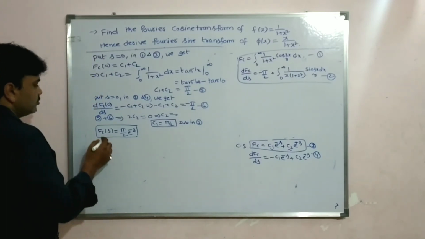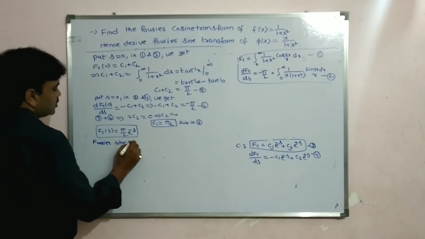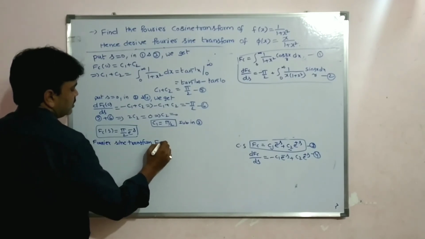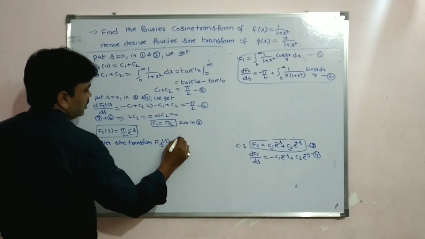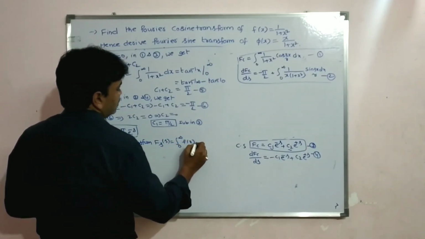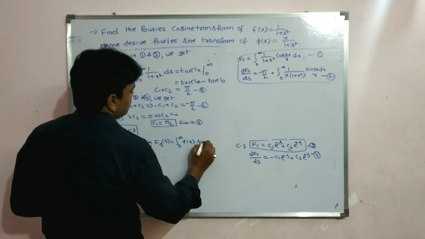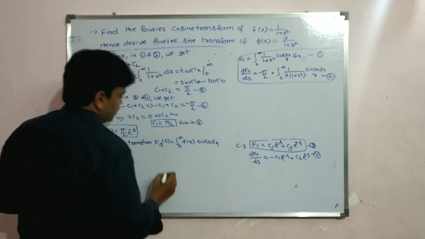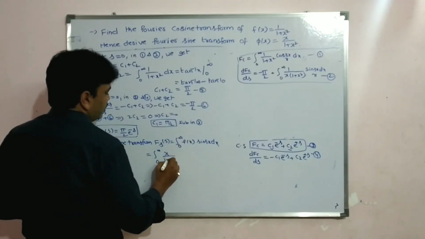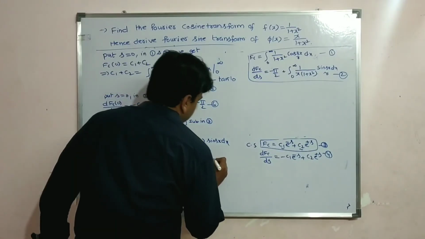Fourier sine transform: Fs of s is equal to the integral 0 to infinity f of x sin sx dx, that is the integral 0 to infinity x by 1 plus x square sin sx dx.